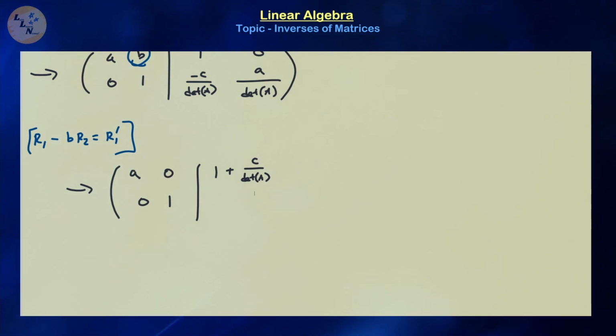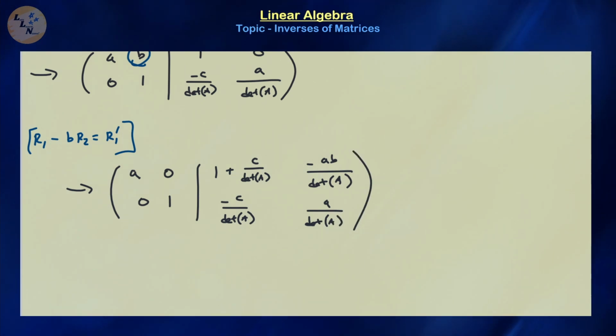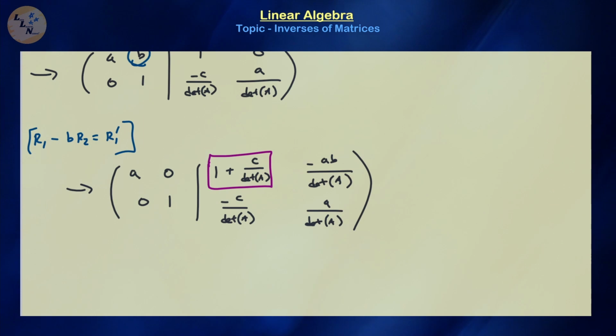And then 0 minus B times that new quantity at the bottom. That's going to give us our new quantity there. And then that other row is going to remain the same. Okay, so slightly a little complex. The first thing I want to look at is that entry there.